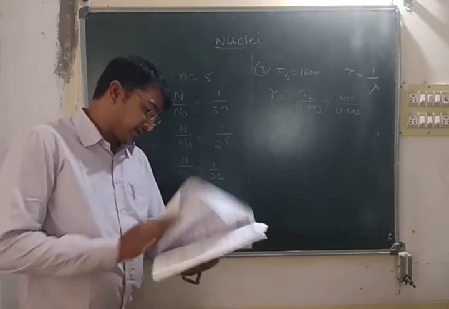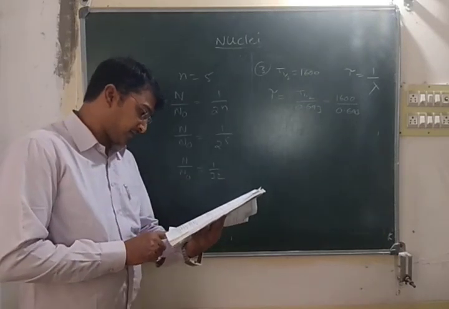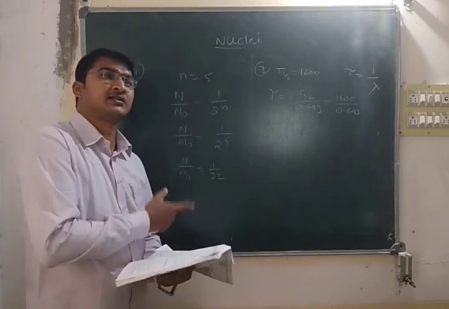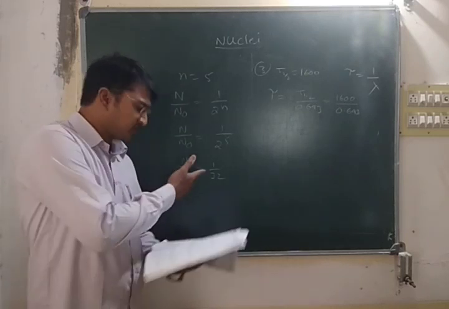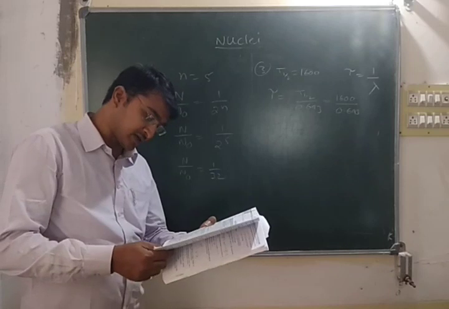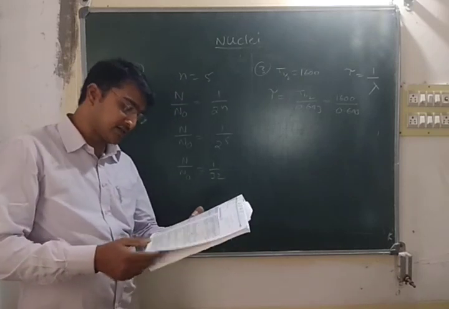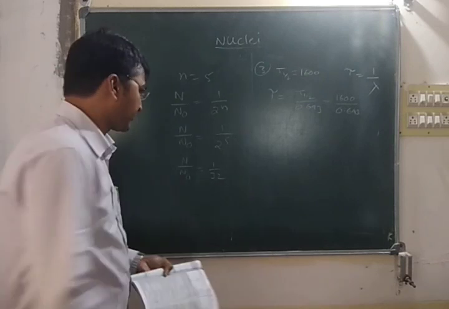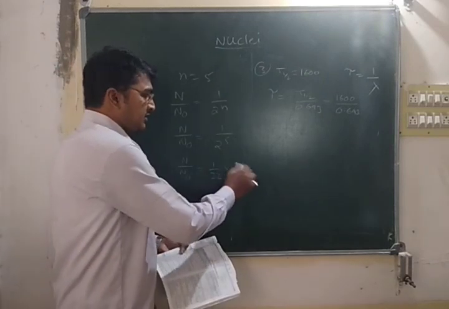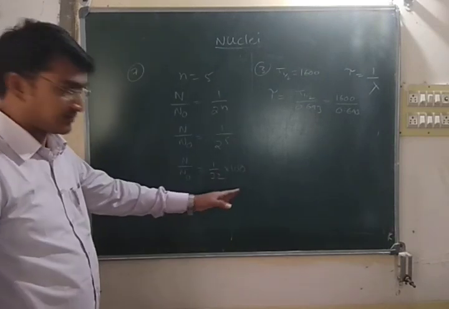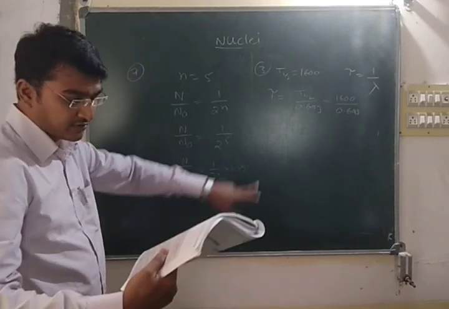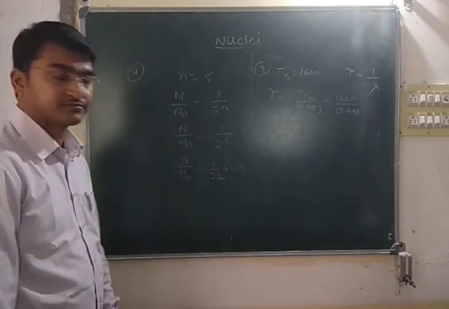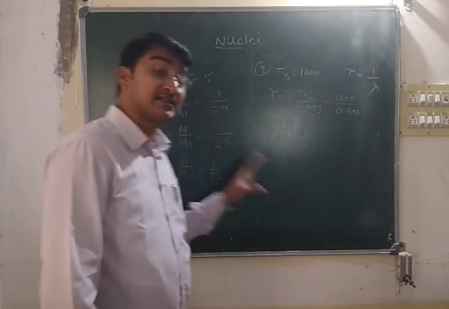So the answer is 1 by 32 into 100, that is 100 by 32, 3 point something. Options given: 0.3 percentage, 1 percentage, 31 percentage, 3.125 percentage. It's nearer to 3 something, 3.125 is the answer. Okay, so this is the percentage remaining.